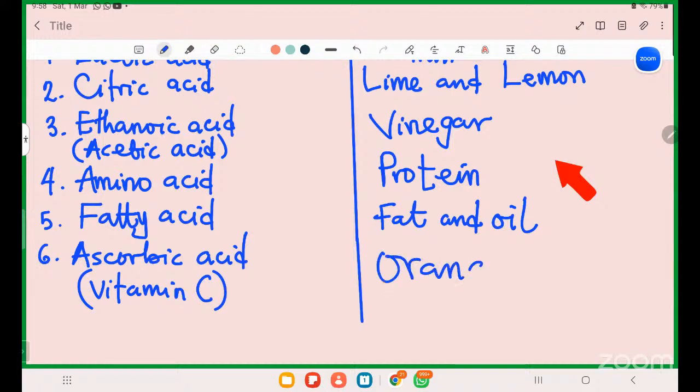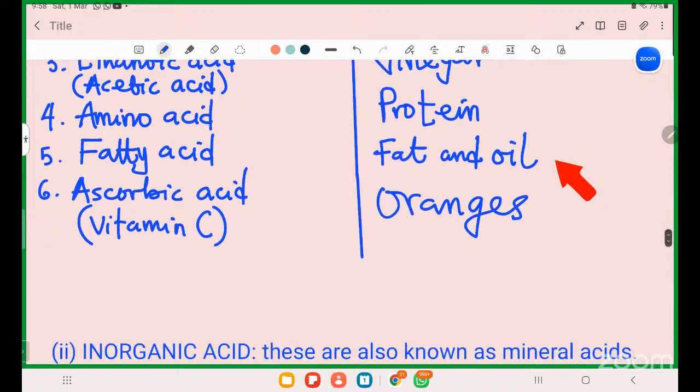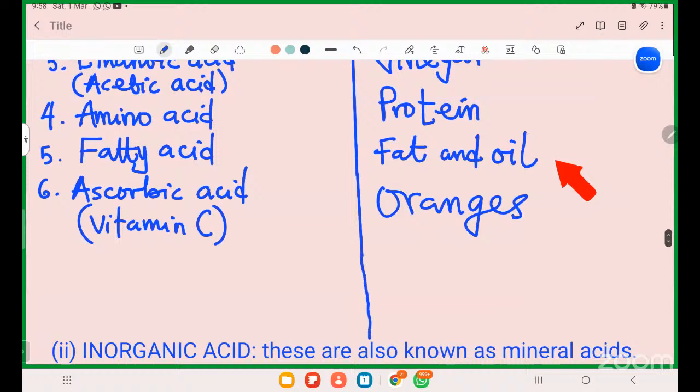Then the 7th example, we have tartaric acid. The source of tartaric acid is grape and green pepper.